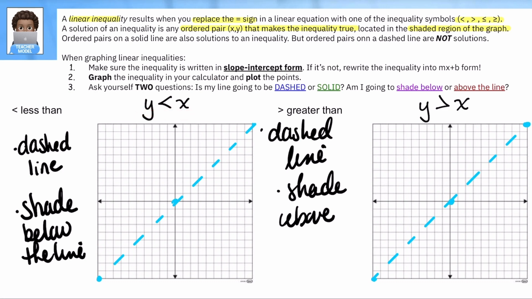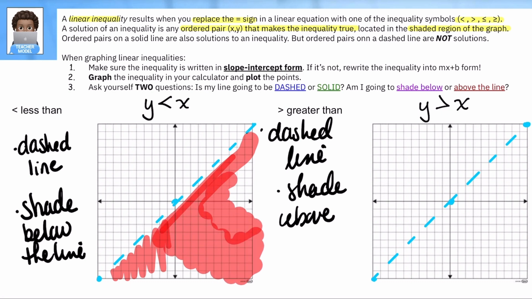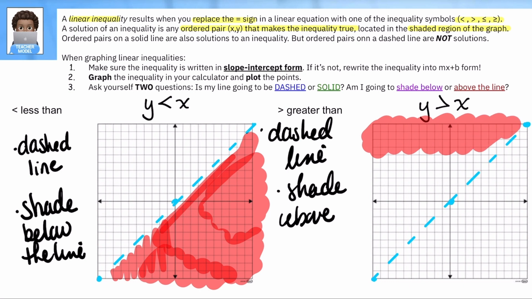So this means my solution would be below this line. So anything down here, all these points, count as a solution. If y is greater than x, then I would shade above the line.